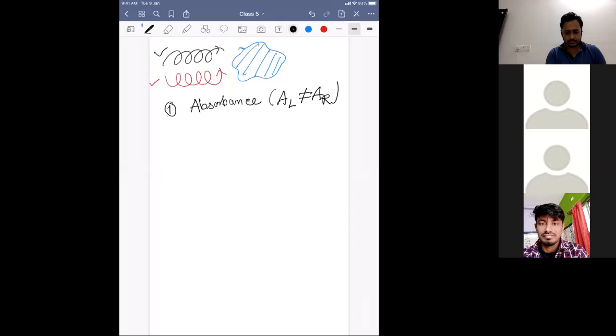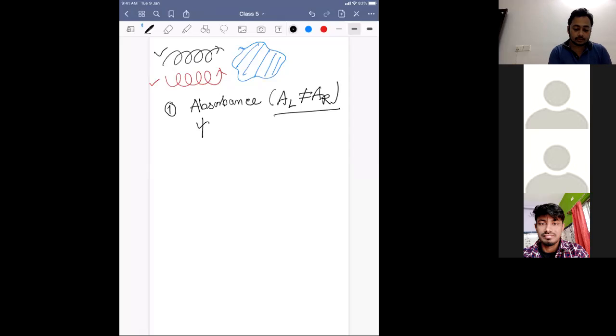So that's why AL and AR are not the same. Depending on the actual structure of the molecule, the actual orientation of the electronic structure, I will get an ellipticity psi, and its sign will depend on which one of them is absorbed more. If the left-hand circularly polarized light, that means AL, is absorbed more than AR, I'm going to get a positive number. And for the enantiomer of the same molecule, I'll get the opposite one.